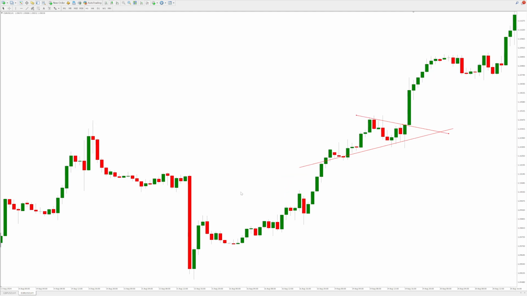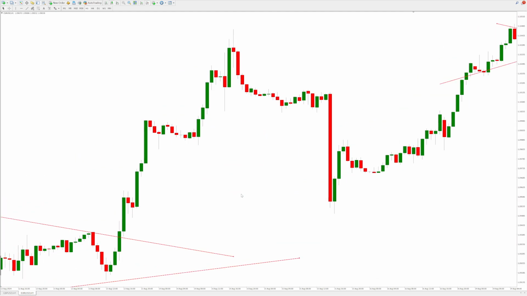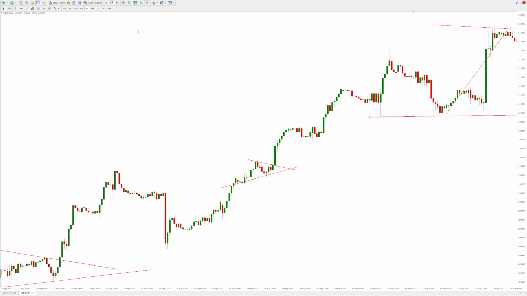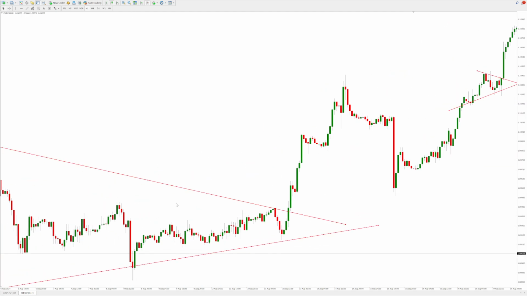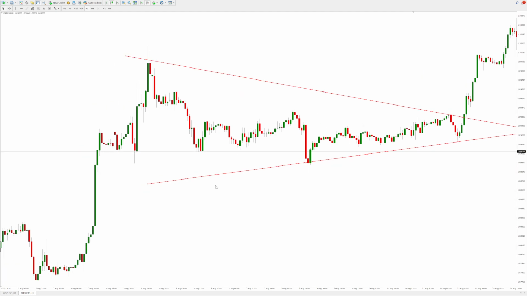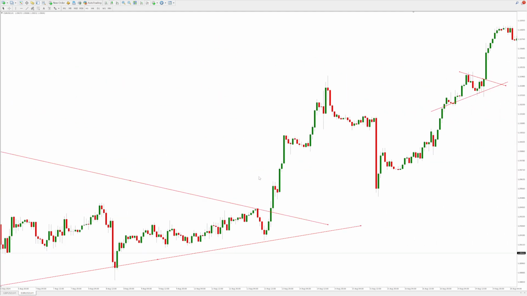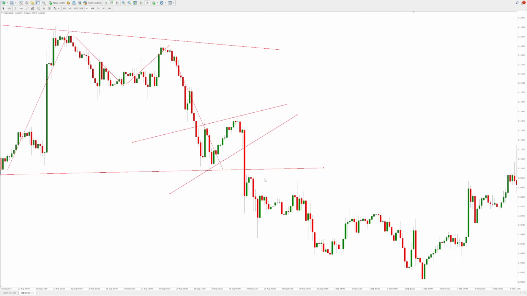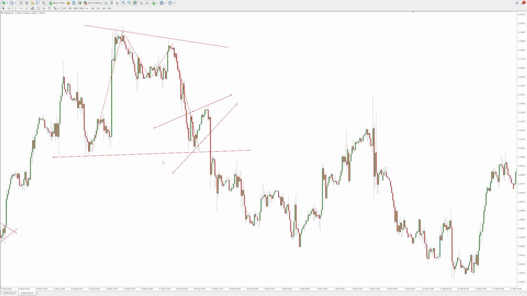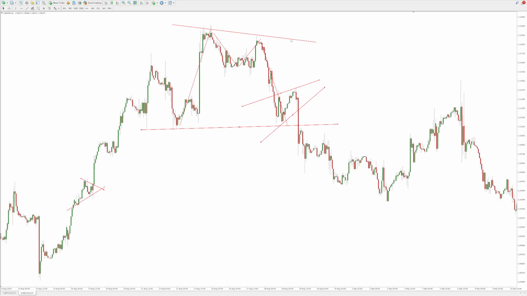You don't need to zoom out so far. It just depends on whatever works best for you. I just find that if I can include more price action, the pattern's going to be more reliable, especially on the higher chart timeframes, as I mentioned. So that is a couple of bullish wedge patterns, ascending and descending.